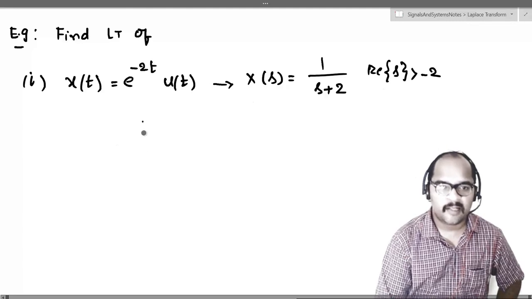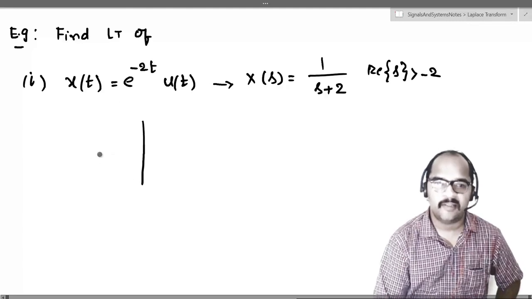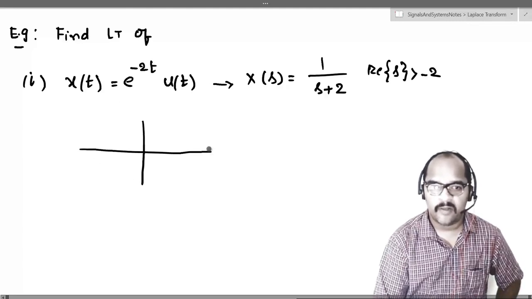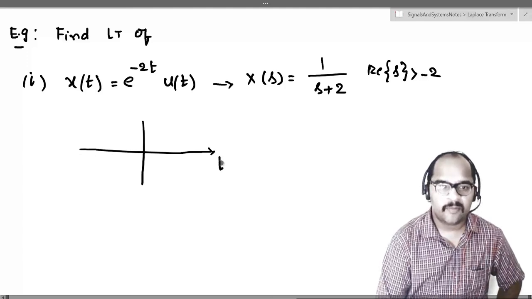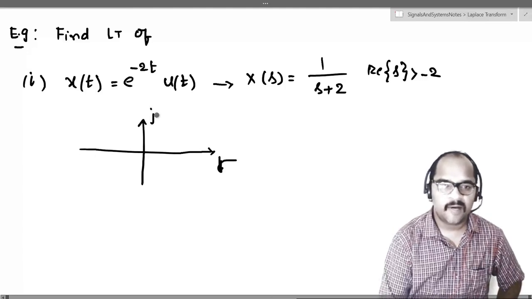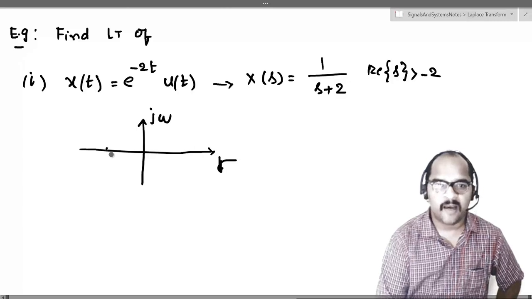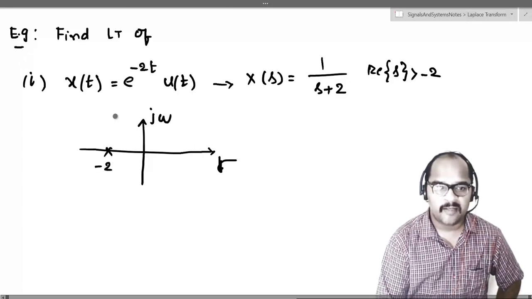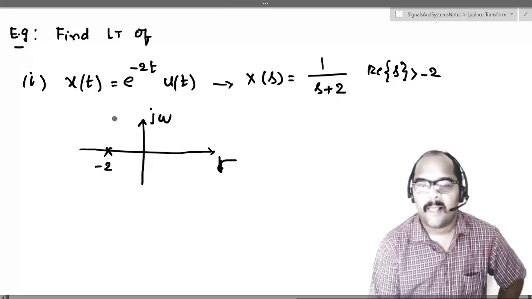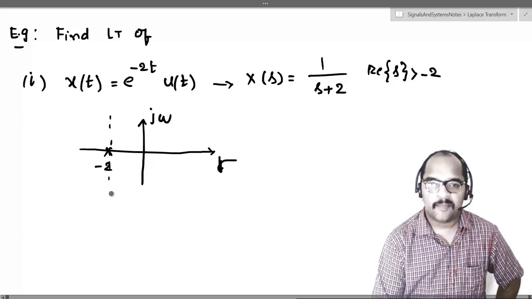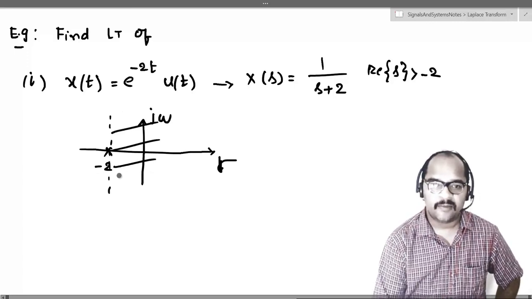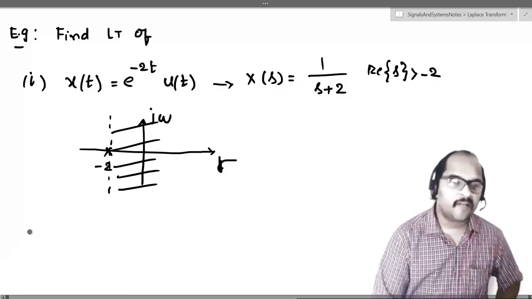So let us try to plot the region of convergence. The signal we already know how it looks. This is sigma and this is j omega. So we have a pole at minus 2. ROC is real part of s greater than minus 2. So this is the region of convergence.